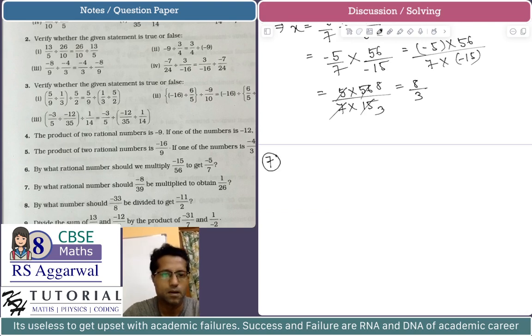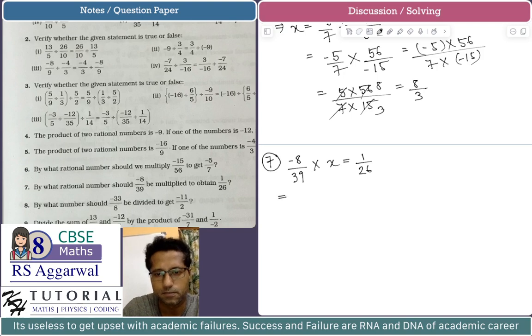Okay. Let's do problem number 7. By what rational number should minus 8 by 39 be multiplied to obtain 1 by 26? The mathematical statement will be, if we assume the rational number that needs to be multiplied is X, minus 8 by 39 multiplied by X is equal to 1 by 26.